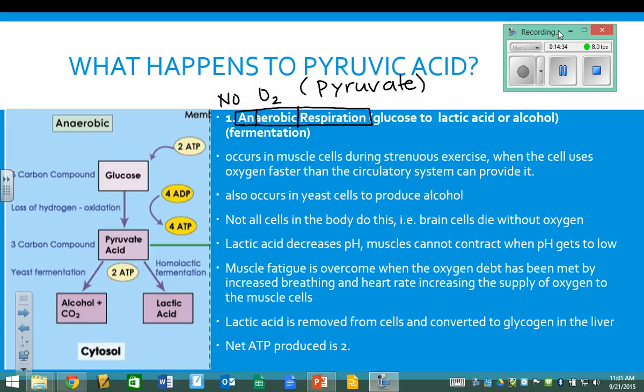Now, fermentation goes under this umbrella. Technically, fermentation and anaerobic respiration are not identical. Anaerobic respiration is usually what we call it when the organism doesn't usually have oxygen. They live specifically in an environment without it.